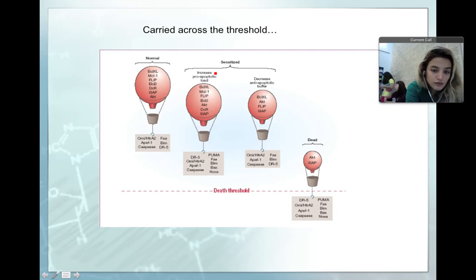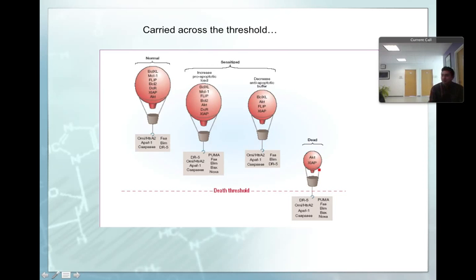And then when a cell has become sensitized, essentially what that means is there's an increase in pro-death signaling, probably because oncogenes are activated, DNA is damaged, right? The cell is in trouble. That would be considered sensitized.